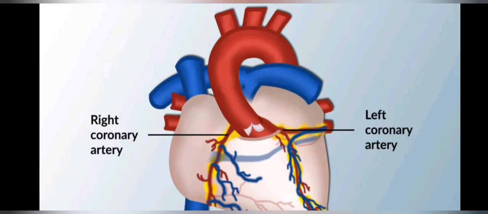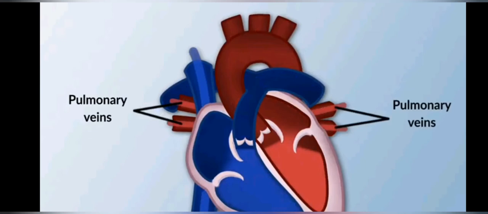When the blood passes through the capillaries in the lungs, oxygen from the air enters the blood, making it oxygenated. The pulmonary vein carries this oxygenated blood from the lungs to the left atrium of the heart.